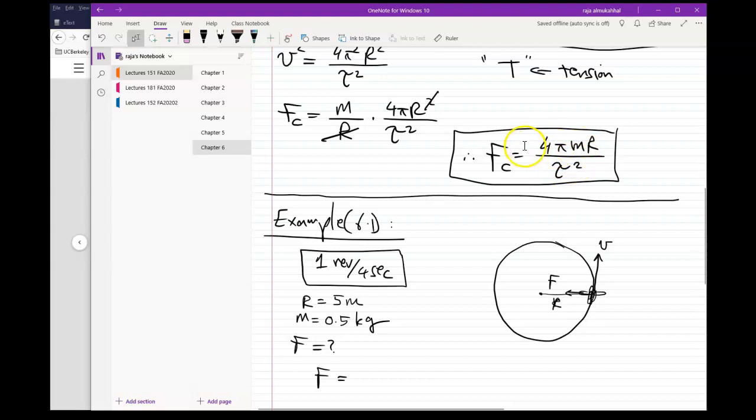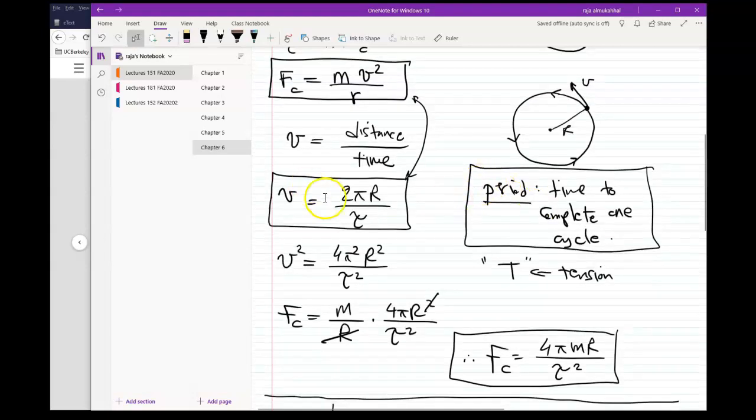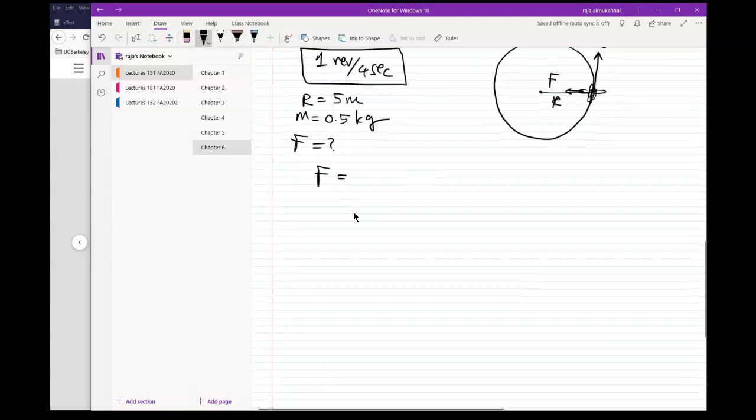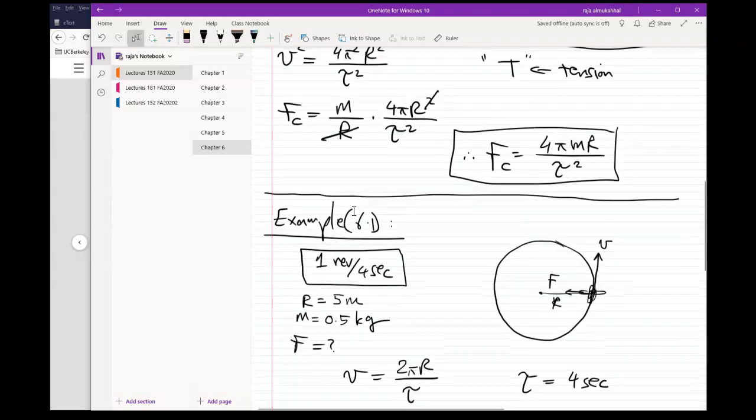Let's assume that I would like to know the speed of the plane, okay? We said that the speed, look at that, here it is, 2 pi r over tau. You see what I'm saying? So before I do the force, hold on, we'll come back to the force in a sec. So let's find the speed. The speed is 2 pi r over tau. What is tau? Well, tau is the time to complete 1 cycle, okay? And that time is equal to 4 seconds.